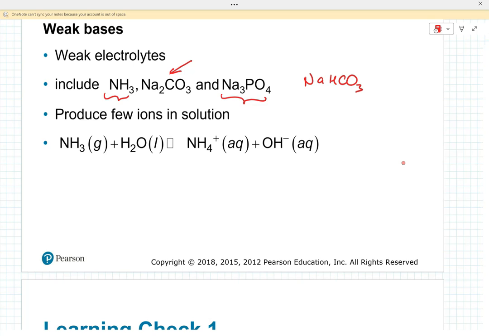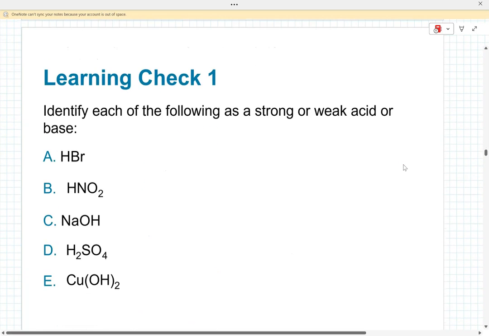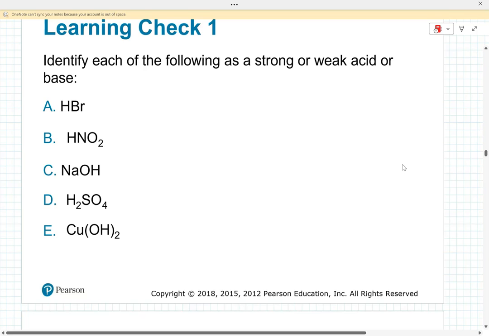For example, in biological research, phosphate is often used to stabilize the pH of the solution because it forms a great buffer.